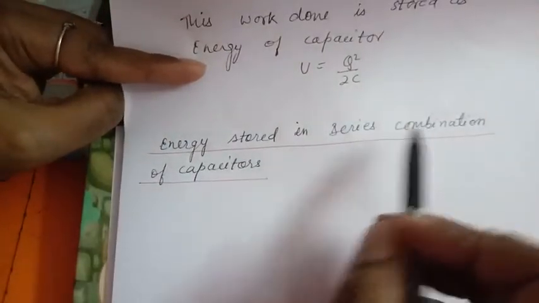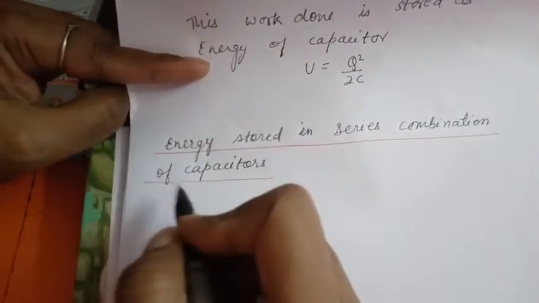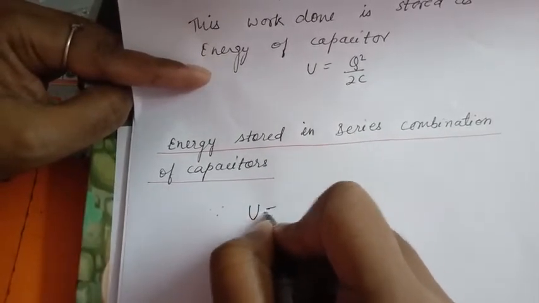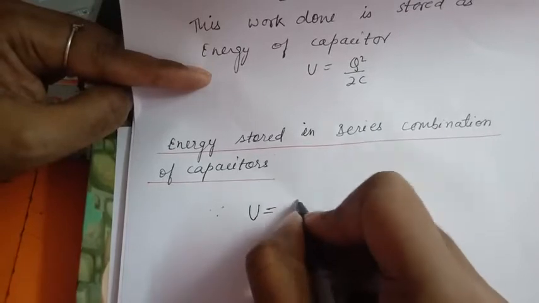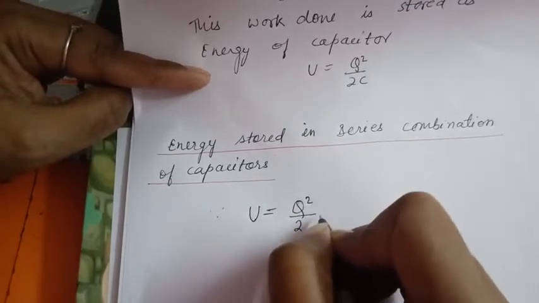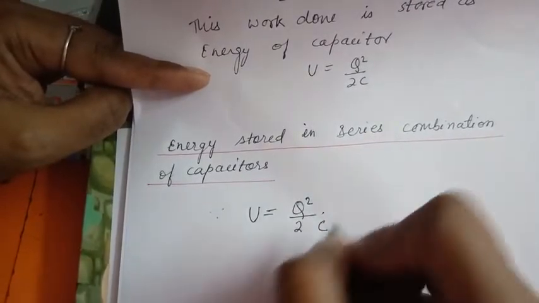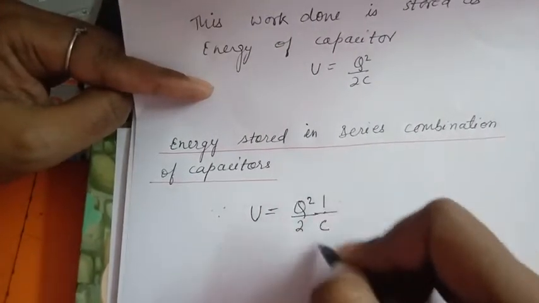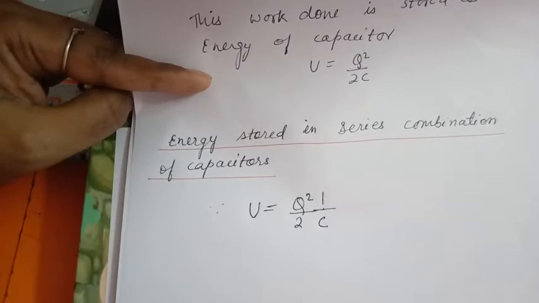So, energy stored in series combination of capacitors. Since we know that energy stored in a capacitor is given by Q square upon 2 into C, I can take it like this also, 1 upon C. Now this 1 upon C is for the total capacitance of the combination.